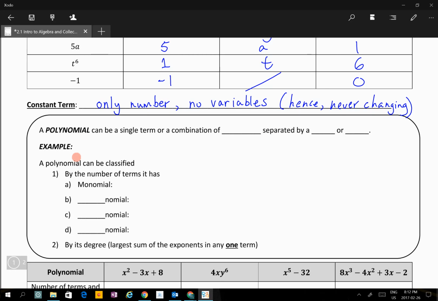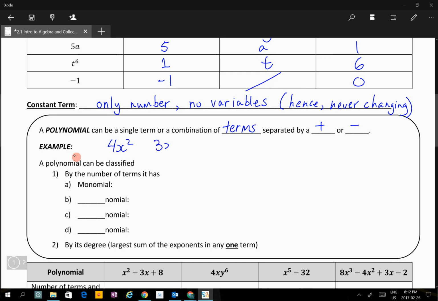The next one is going to be polynomial. The definition of polynomial can be a single term or a combination of terms. When you have a combination of terms, they are separated by a plus sign or a minus sign. An example of a polynomial could be this. 4x squared, there's one term there.